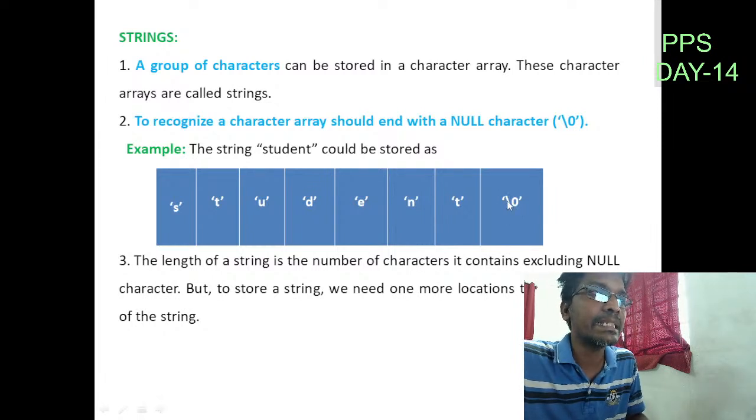A group of characters can be stored in an array, and these character arrays are called strings. The group of characters ends with a null character, which is how we recognize a character array, whereas an integer array does not end with a null character.